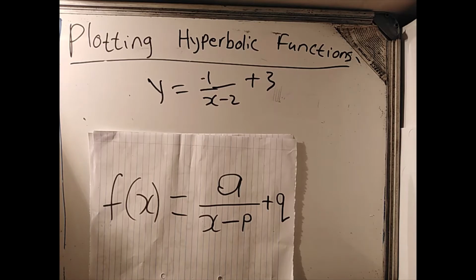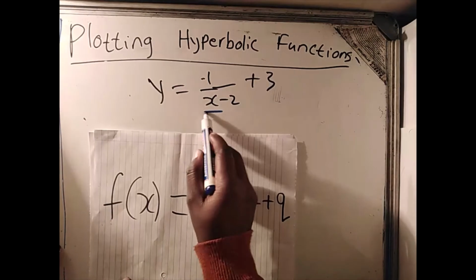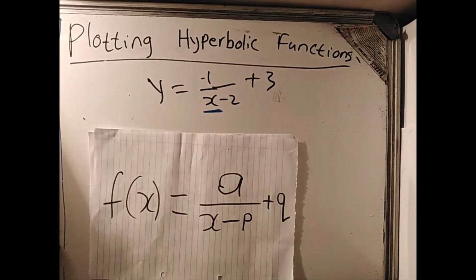How are you going to see that? You are going to see this x as a denominator on the bottom, then you will know that this is a hyperbolic function.